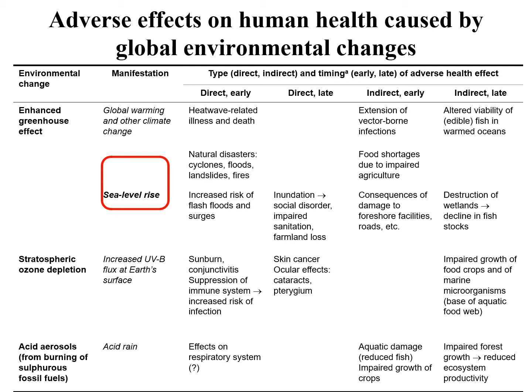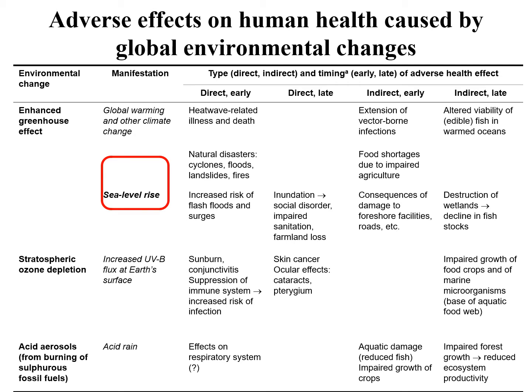Sea level rise, natural disasters, increased risk of flash floods and surges will lead to social disorder, impaired sanitation, farmland loss, consequences of damage to foreshore facilities, roads, destruction of wetlands, which will lead to decline in fish stocks.